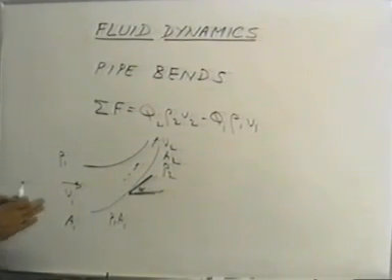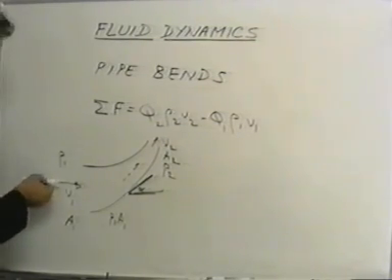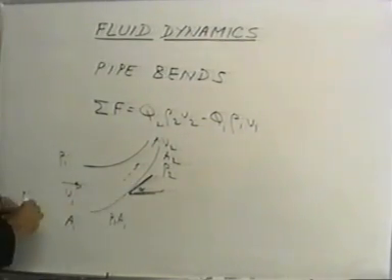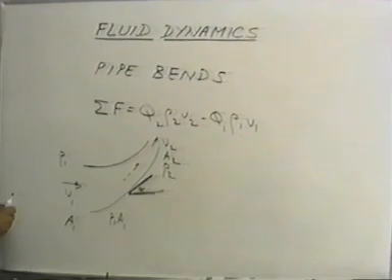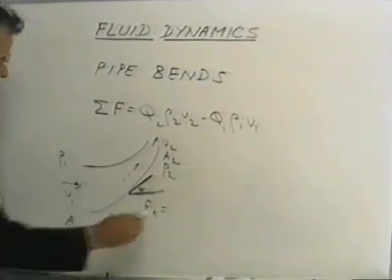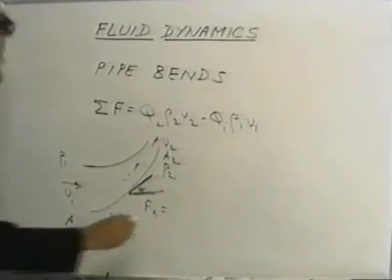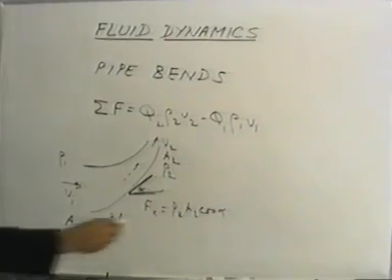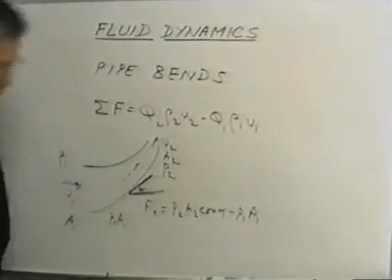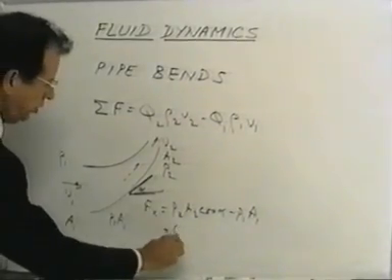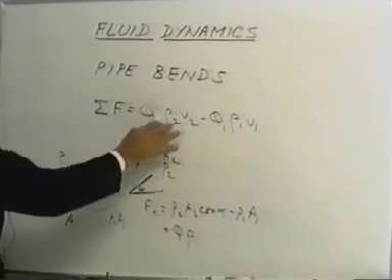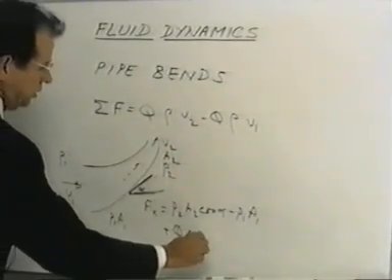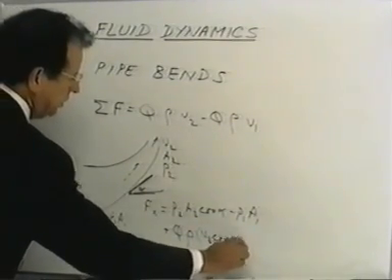So you'll find that it's a very simple equation that involves the entrance velocity, the exit velocity, an entry force, and a deflection force, and when you sum these together, you can end up showing that the force caused by the bend in the pipe, F sub x, looks something like this: P2A2 cosine of alpha minus P1A1 plus Q times rho. Let's assume that Q1 and Q2 are the same, and rho 1 and rho 2 are the same. We have Q times V2 cosine of alpha minus V1.